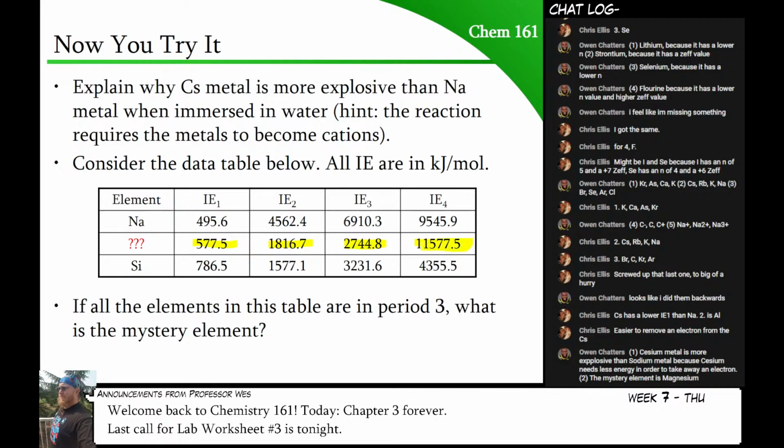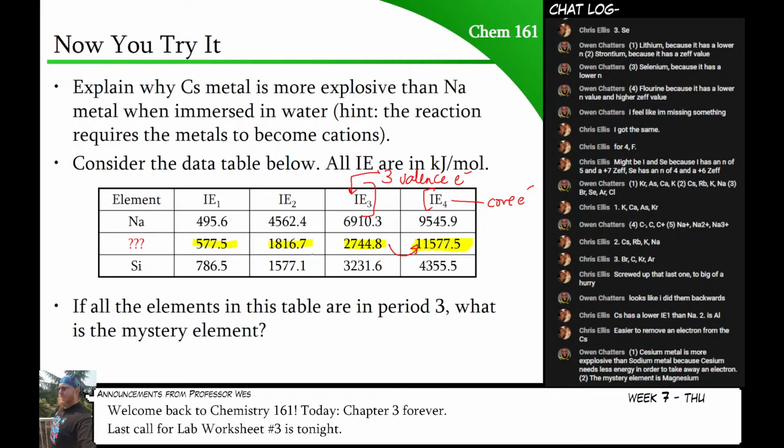But then this is almost 5 times as much. So based on this data, the big jump would be between the third and the fourth electrons. So there must be 3 valence electrons. This must be a core electron.